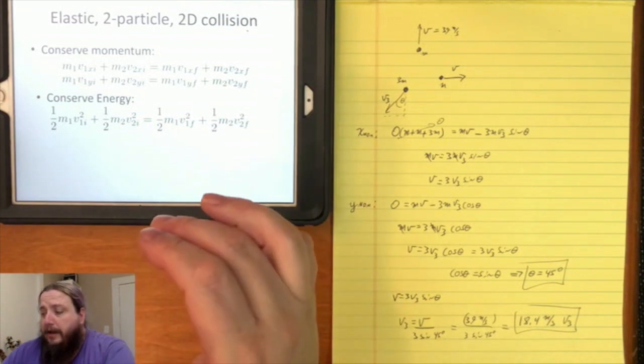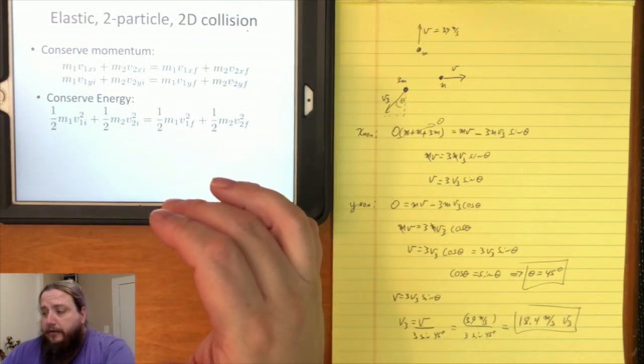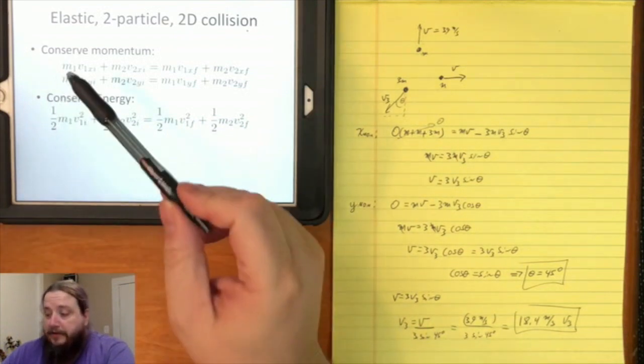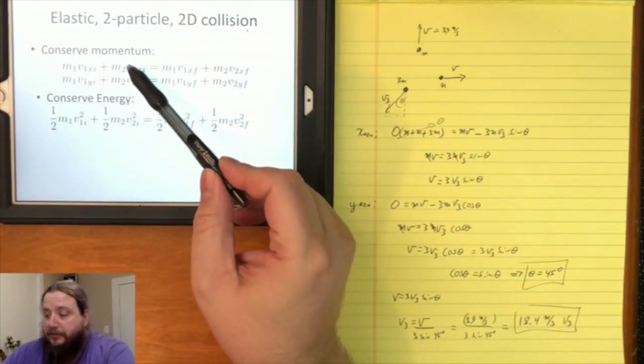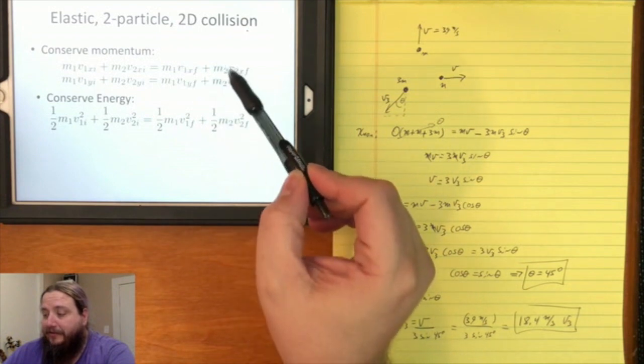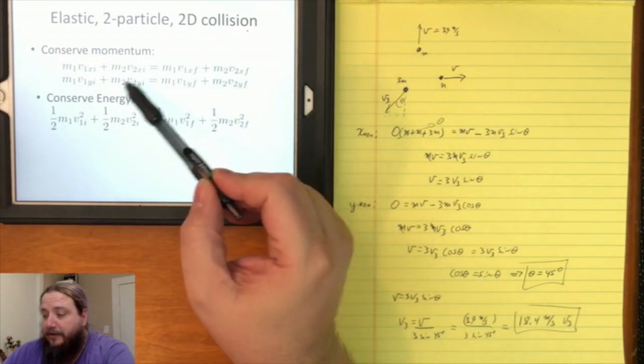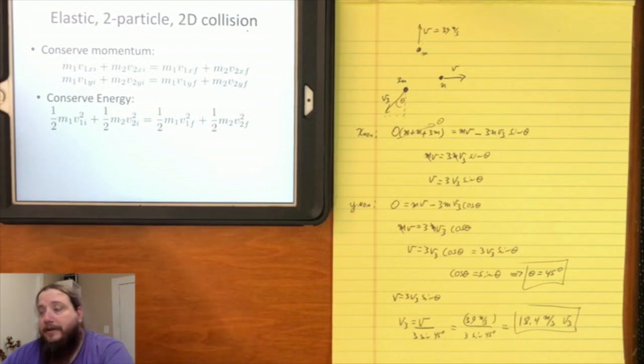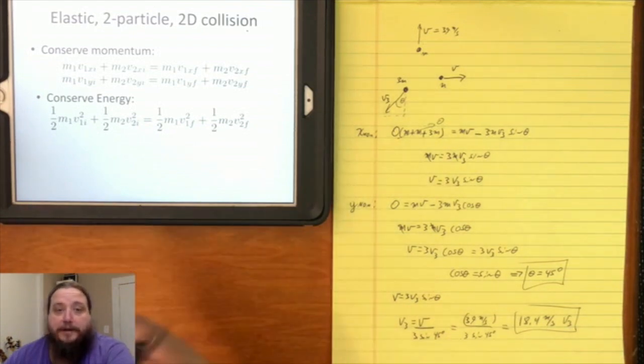So, like we saw with one dimension, we have to be very careful about making sure that we get the signs of each of these velocities correct relative to their direction. So if it's going up, it's going to be a positive velocity. If it's going down, it's a negative velocity. If it's going in the plus x direction, it's positive. If it's going in the minus x direction, it's negative.